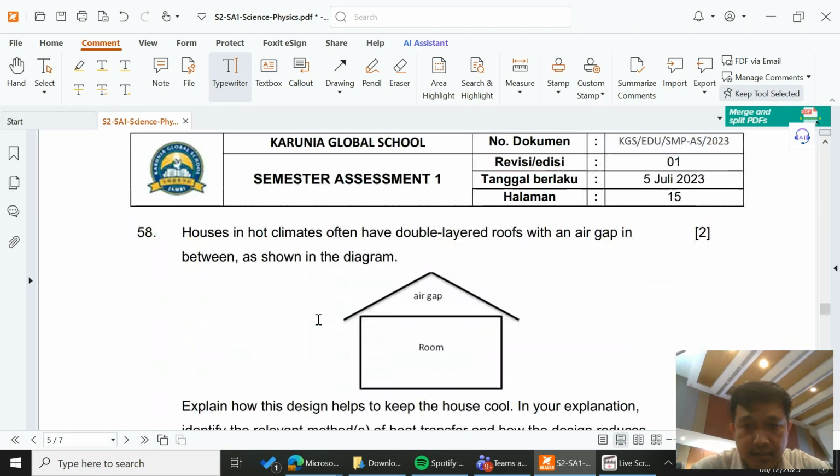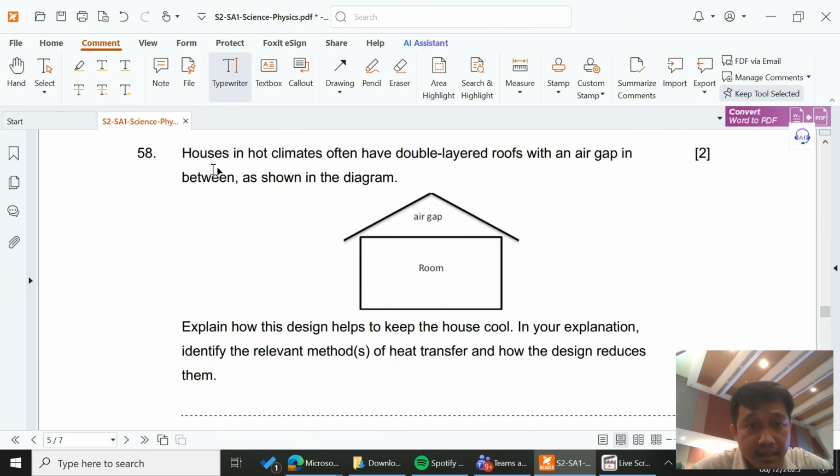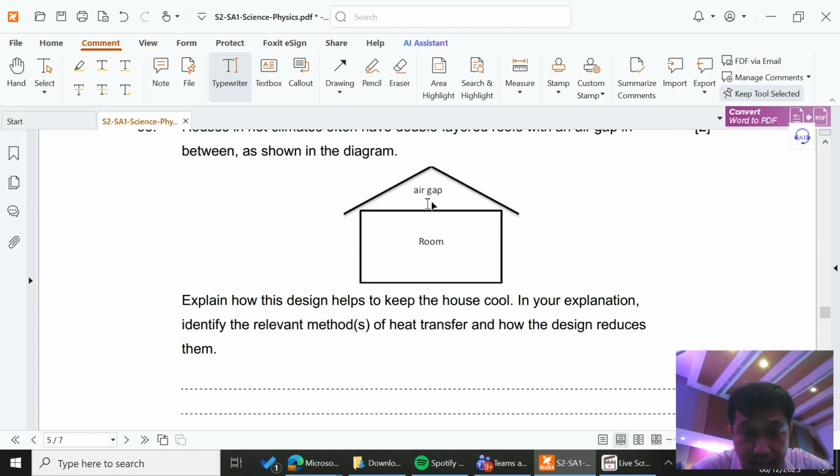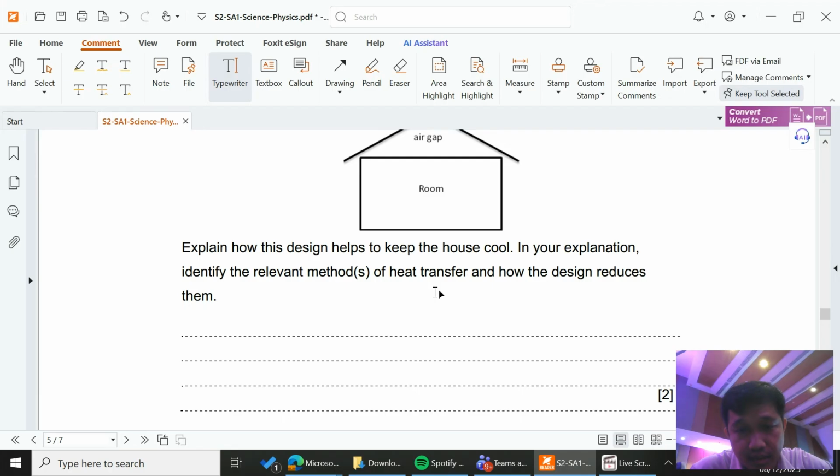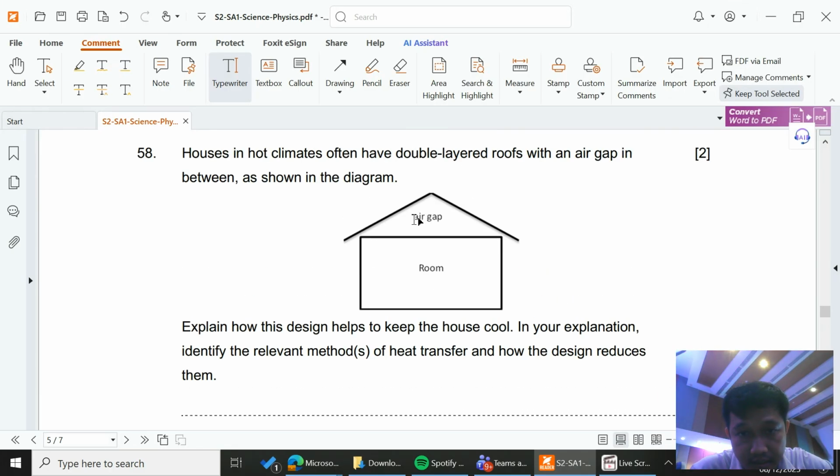Next, we talk about houses in hot climates. This is the house, this is the air gap. Technically, guys, with this kind of house, the sunlight comes from the top, and the air gap avoids the heat reaching the room immediately.